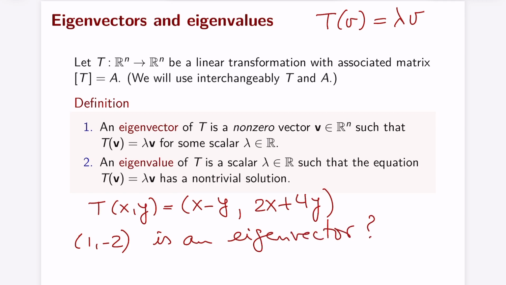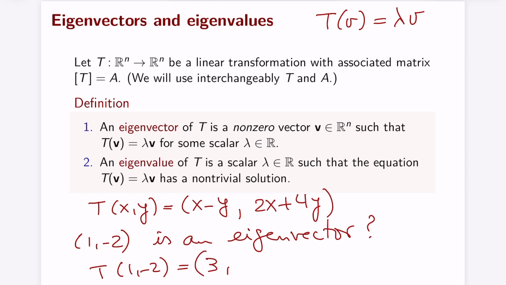To answer that, we will need to transform it and see if the transformed vector is really a multiple of it or not. So let's do T of (1, -2). Let's follow the transformation. This is x minus y. In this case, x minus y is 1 plus 2, which is 3.